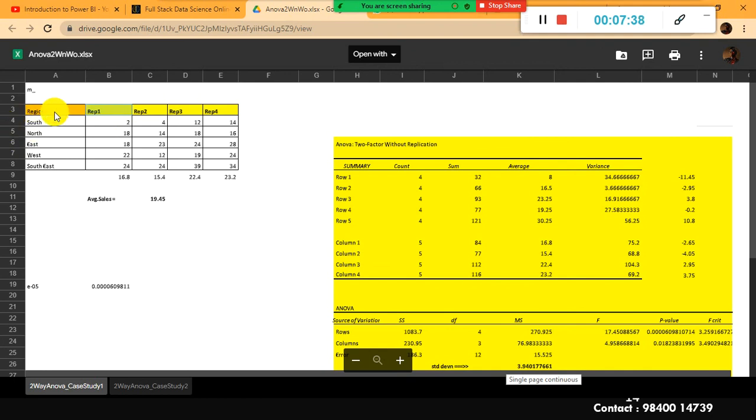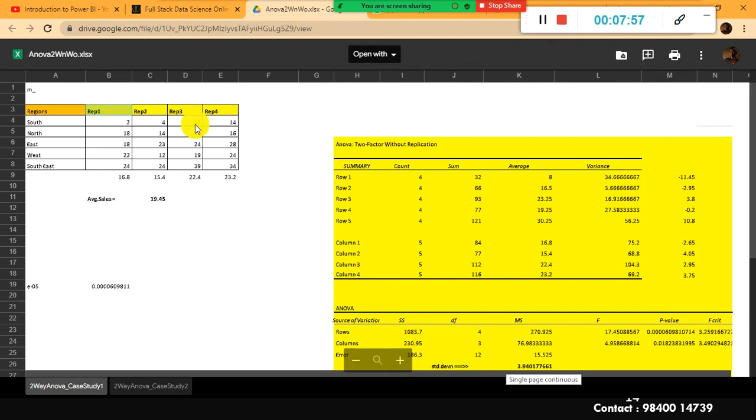Look here, this is the region. This company sells products across 5 different regions: south, north, east, west, and southeast, and they have salespersons, and each salesperson got deployed in different regions at different points in time.